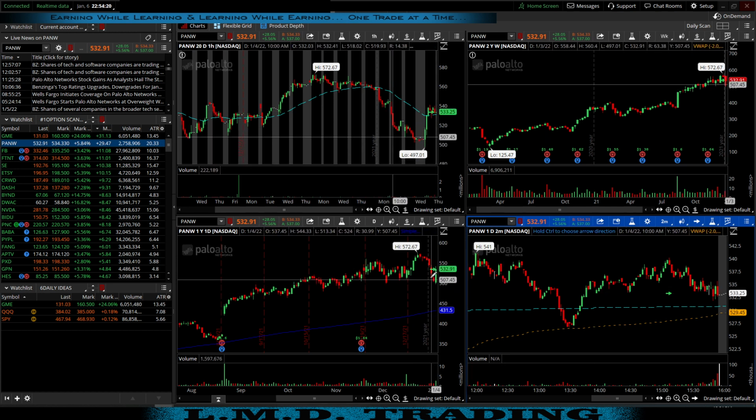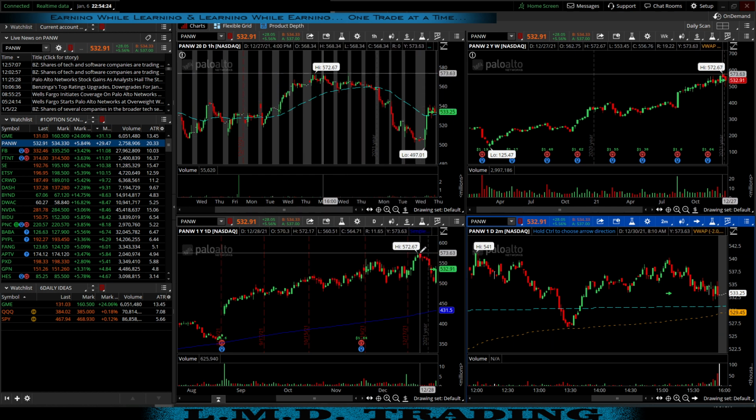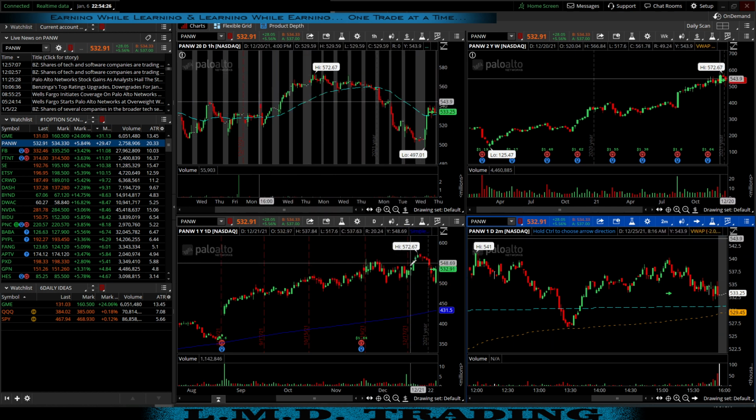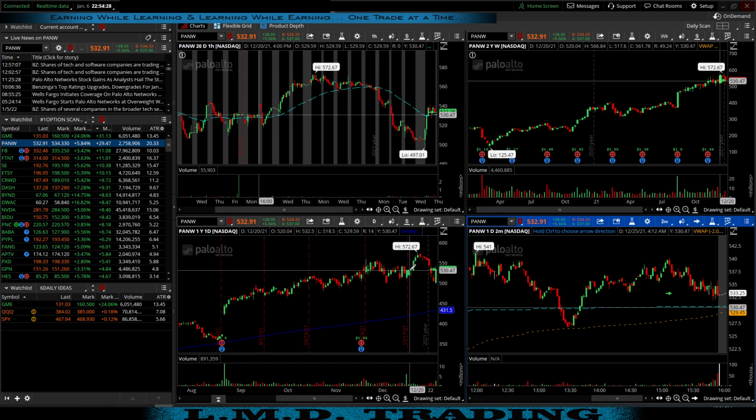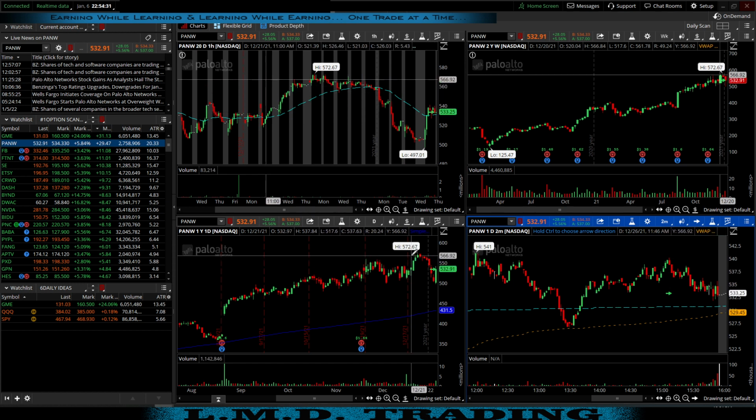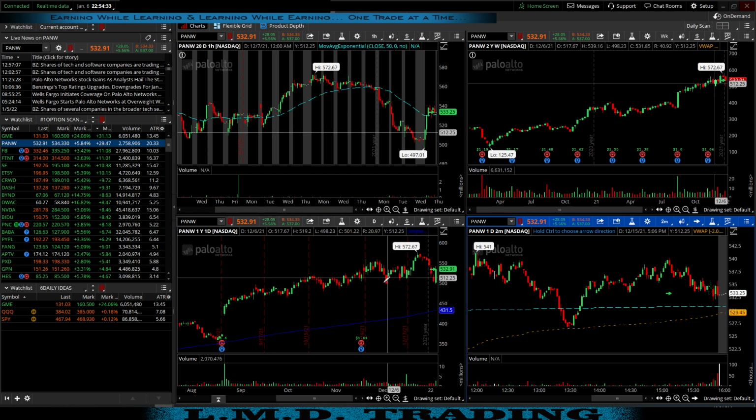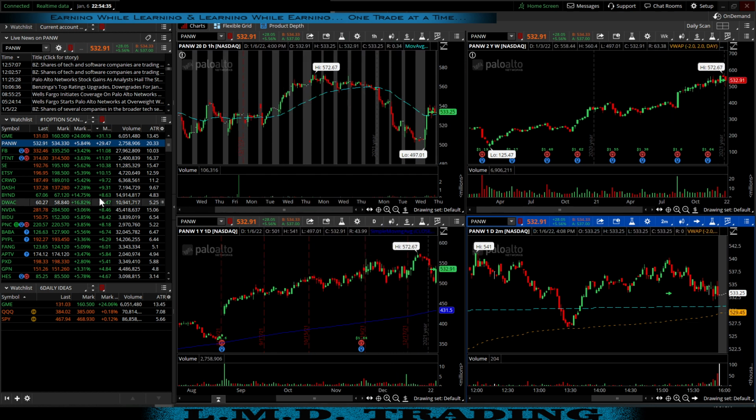So we'd be gapping over this red candle, but we have all of this junk, I like to call it, that we'd have to deal with. So this one would instantly be a no-go.